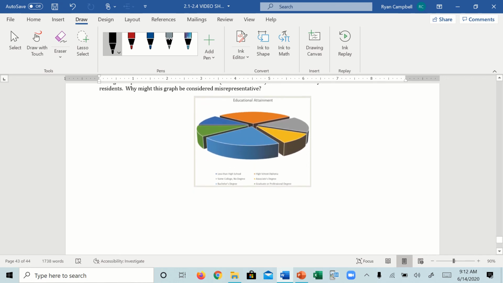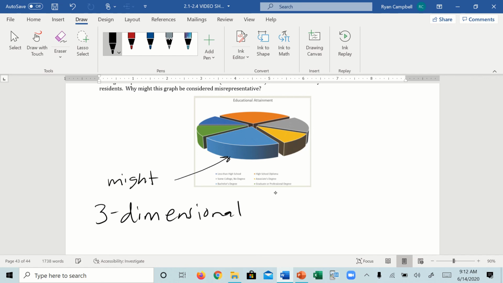So even though it looks really cool, right, we can see there's 3 dimensions to this one. And that's not great. So the way that 3 dimensions work, right, typically the thing closer to you looks like it contains more data. So this one, just by perspective, looks like it might contain more data than it actually does.